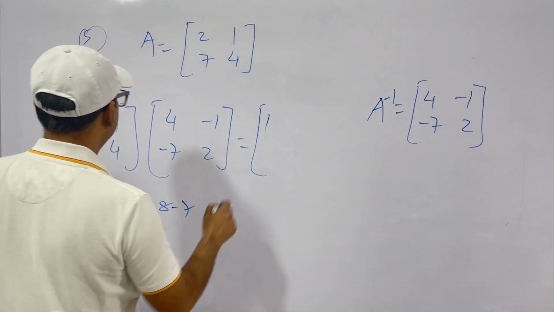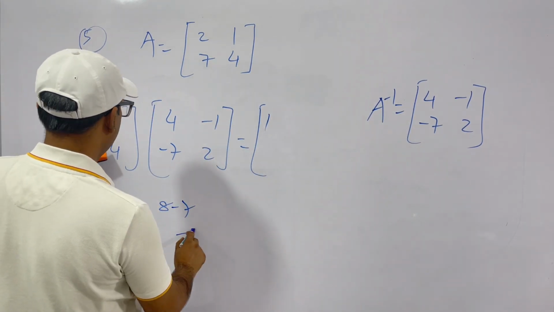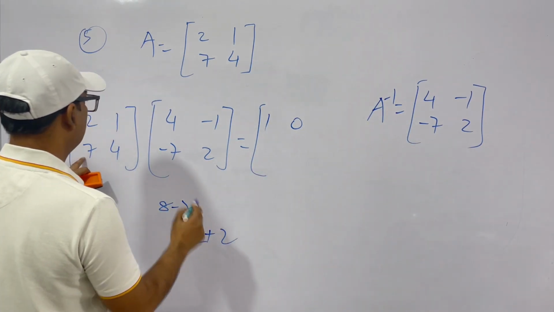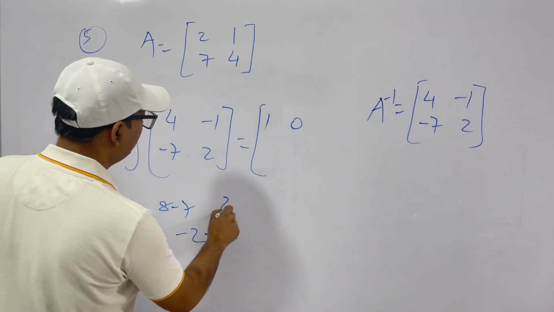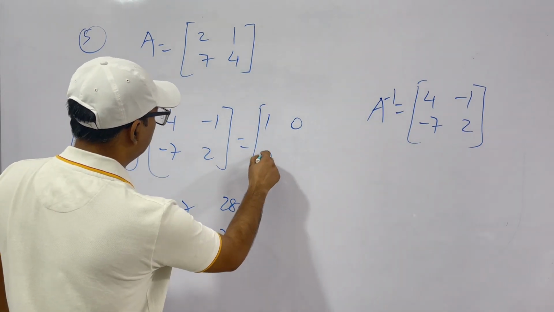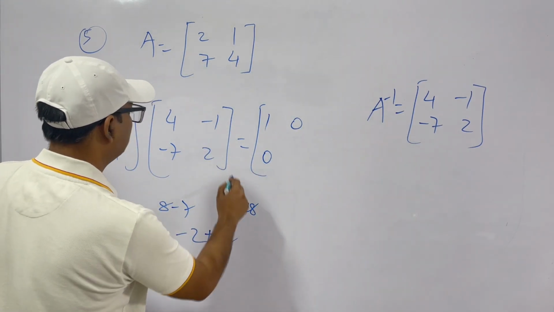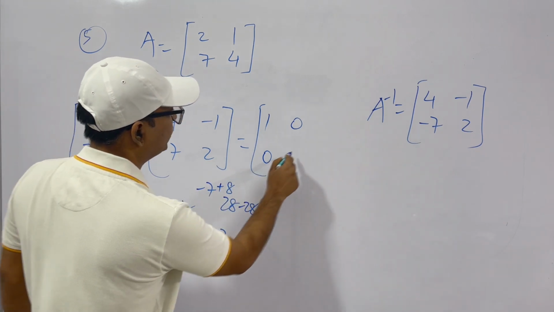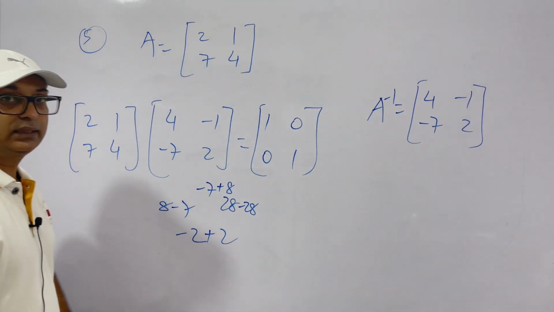So this is 1, this into this, minus 2, this into this, plus 2, 0. 7 4s are 28, 4 into minus 7, minus 28, so 0. 7 into minus 1, minus 7, 4 into 2, 8, so 1. So our answer is correct. Okay.